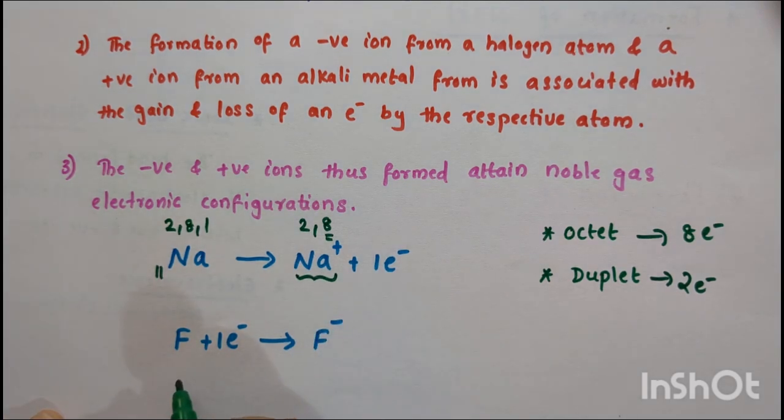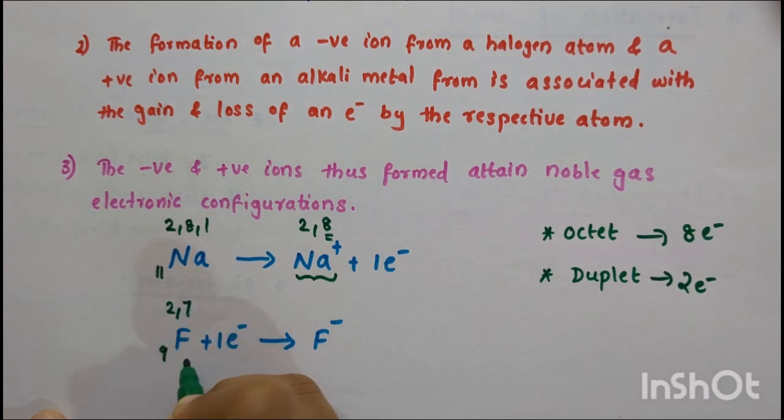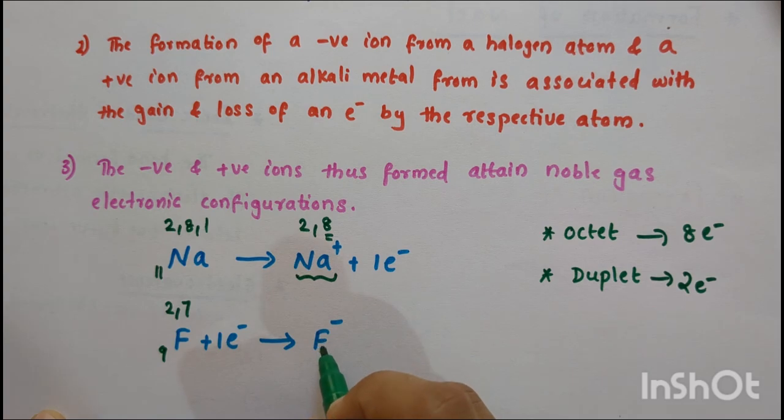Okay, similarly, when you consider fluorine, its atomic number is 9. So, its electronic configuration is 2, 7. So, to achieve a stable electronic configuration, that is to make its outer shell 8 electrons, it will accept 1 electron, it will gain 1 electron, and it becomes a negative ion, F minus ion, fluoride ion.